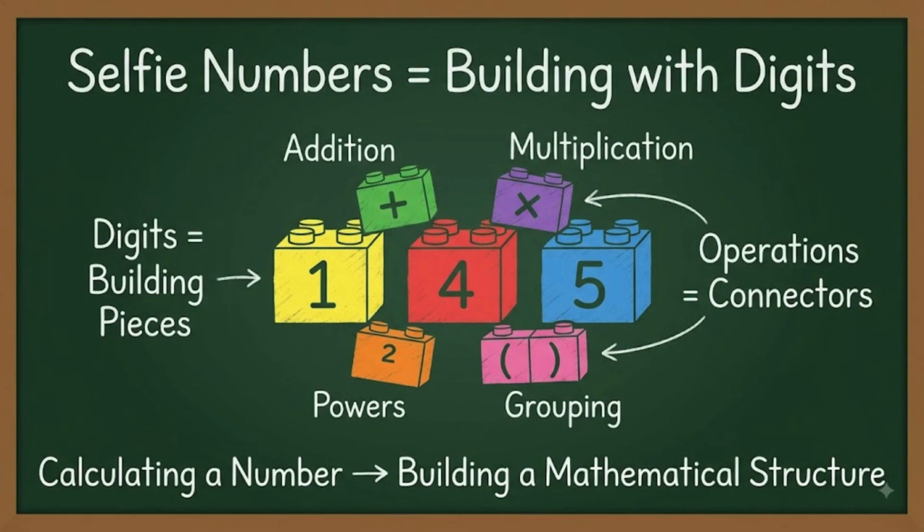Addition can connect pieces. Multiplication can connect them in another way. Powers can create another kind of structure. Parentheses can tell us which pieces should be grouped together. So, instead of thinking I am just calculating a number, we can start thinking I am building a mathematical structure.